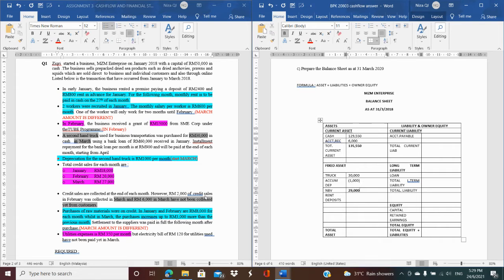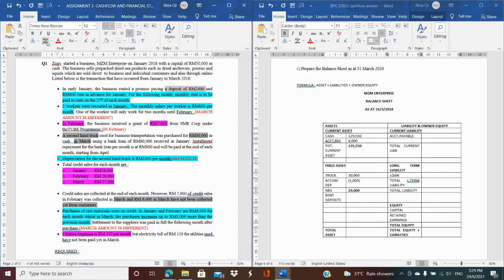Okay. So remember previously, the company has put a deposit for the rent. So this is actually an asset to the company.